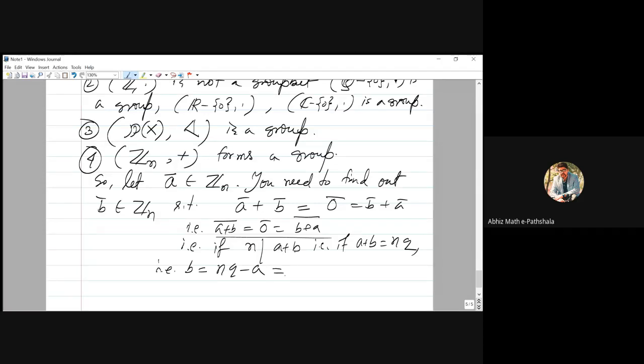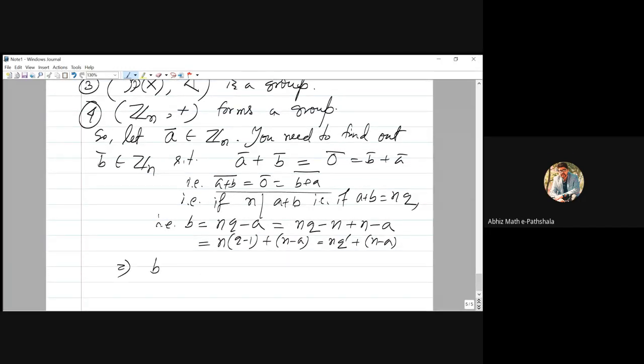Now you can write this nq minus A as nq minus n plus n minus A. So it is n(q minus 1) plus n minus A. So that means it is nq dashed plus n minus A. So what is B?